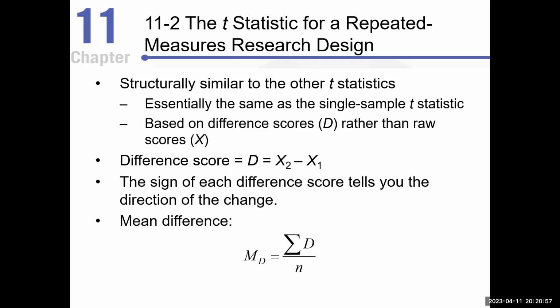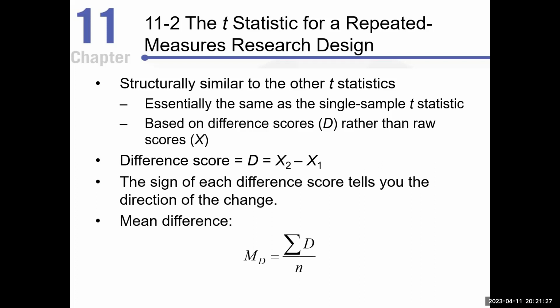So if we have a group of individuals and they go through one treatment condition and then another treatment condition, we want to see what the difference is between those two times. So if you had time 1 and time 2, you subtract time 1 from time 2 to see if there's any difference between those treatment conditions. Okay, so again, it's essentially the same as a single sample t statistic. It's just based on difference scores rather than the raw scores that we used in chapter 9.